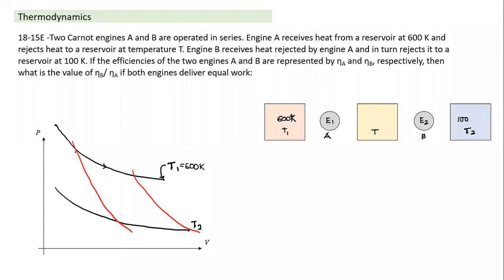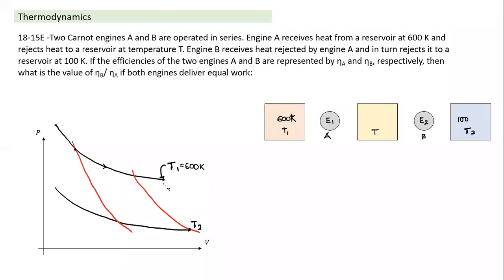Now, when we start a process from here, this is the lowest volume and this is the highest volume. The entire part here is expansion and this part is compression. When we draw an adiabatic curve, it could be somewhere else also.